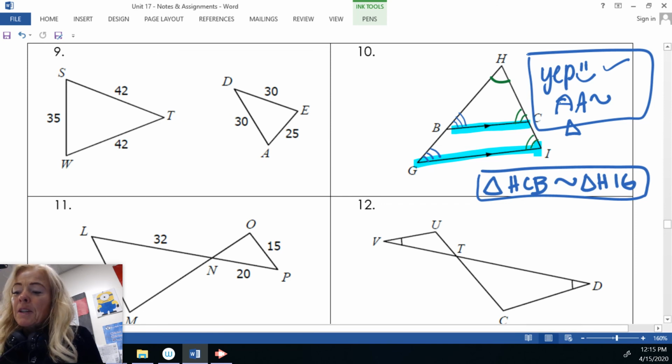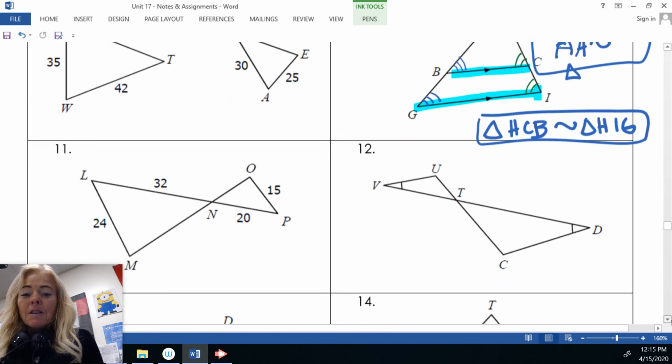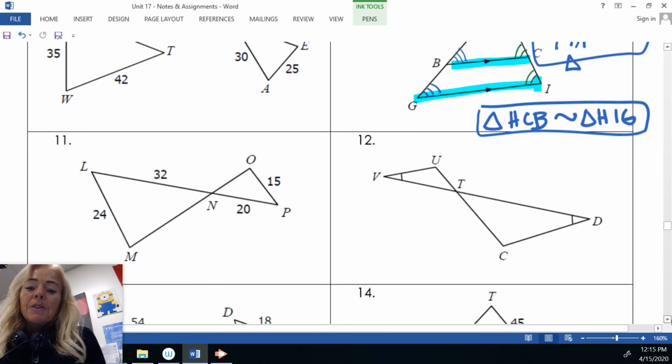All right. Okay. Let's look at number 11 real quick. Okay. I have two sides. I don't have a third side. I do have an angle. They're vertical angles, unmarked. But I don't have side side side similarity because I don't have a third side.